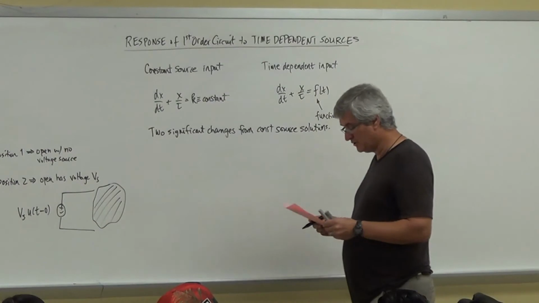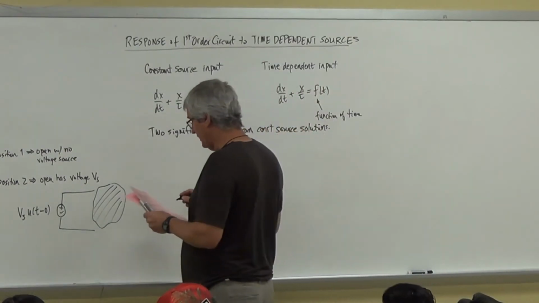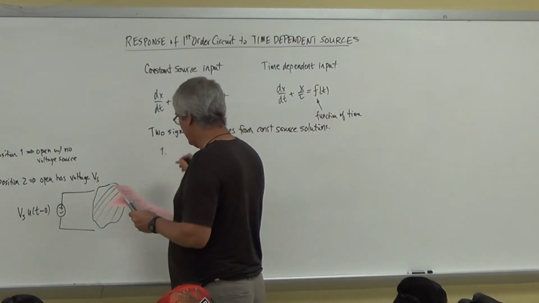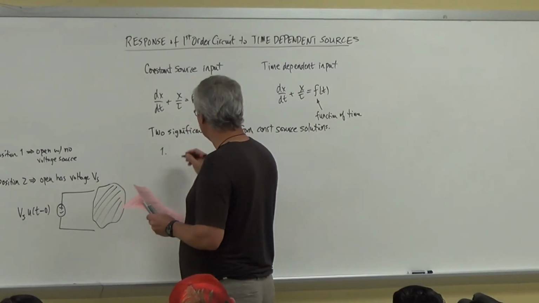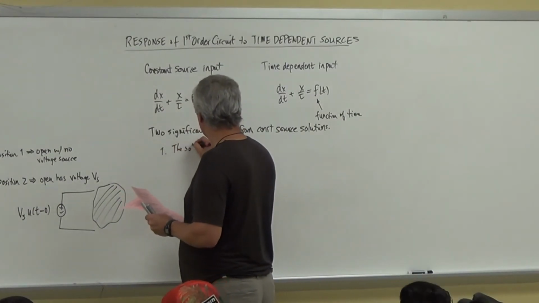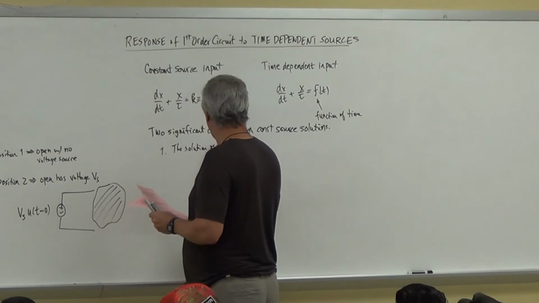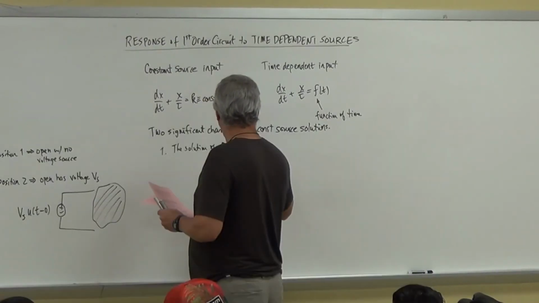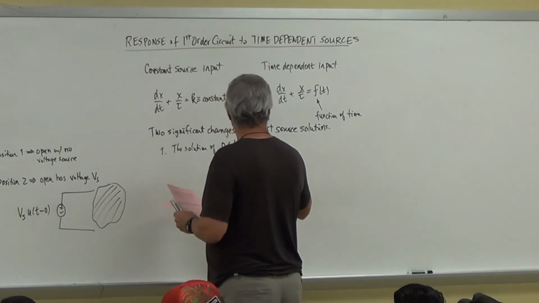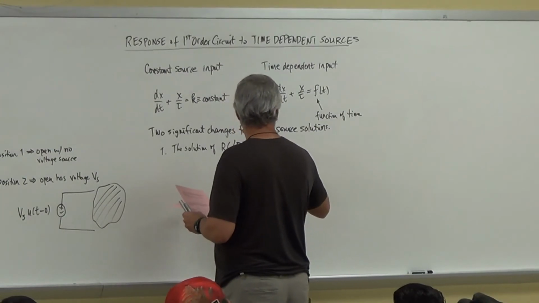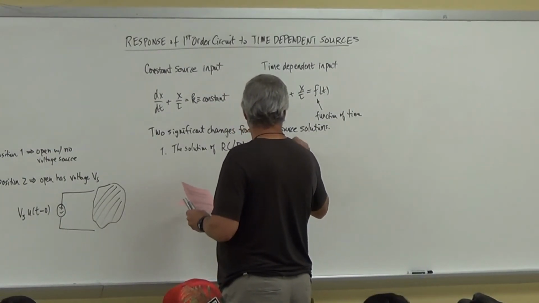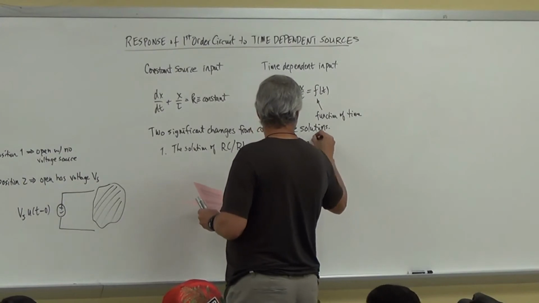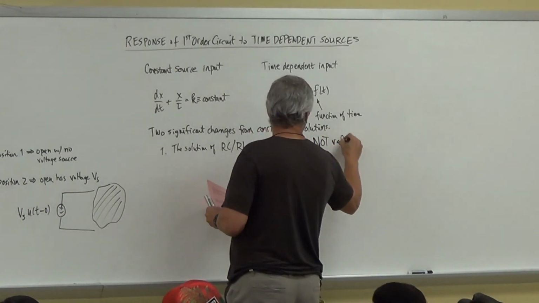So the first thing that you're going to find here is that, one, I'm going to repeat, the solution for RC, RL, constant source, are not valid.